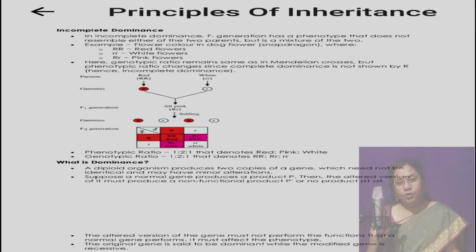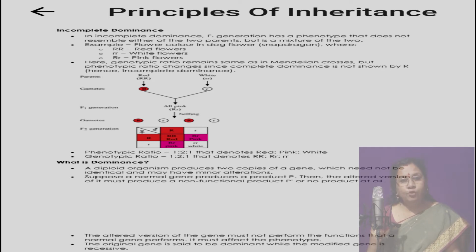there is a cross between a red flower with the allele capital RR and the white flower with the allele small r, then the F1 progeny is obtained, which is not as it is in Mendel's monohybrid cross.